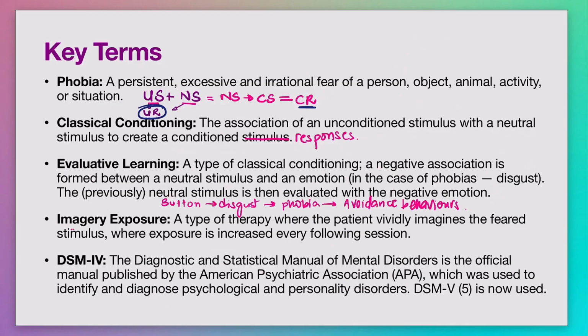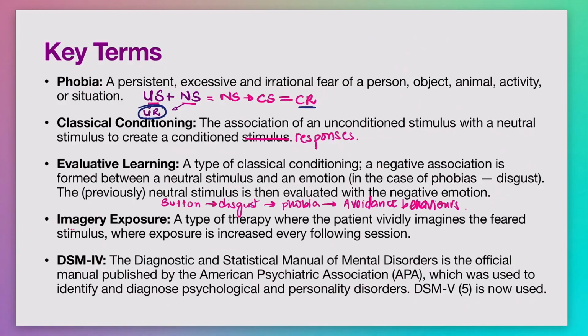At the time this study was published in 2002, the fourth edition of the DSM was used, hence it's called the DSM 4. Just for your information, the current manual is called the DSM 5, which has been updated. Every decade or so, the DSM goes through a review process, and it was first published in the 1950s.